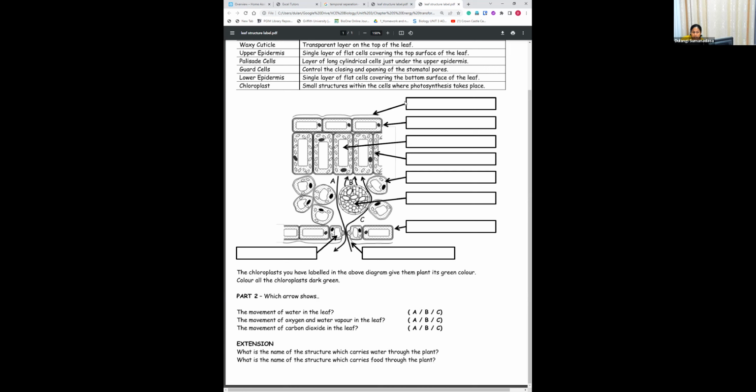The first box is for the upper cuticle. And then comes the upper epidermis. Second box is upper epidermis. And the third box is the mesophyll cells. The fourth one, I think they are pointing at the chloroplast.